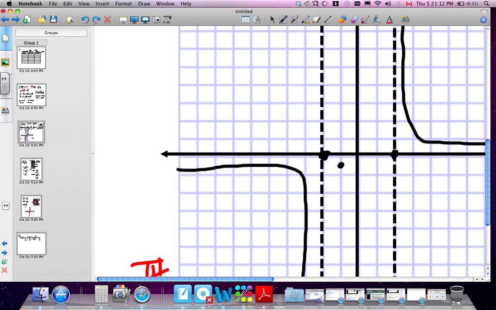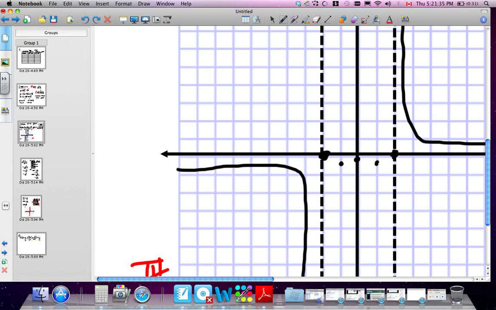-0.33 is going to be roughly here. -0.25 is a little higher. At 0.5, we're around here. The marker's too thick to draw on these well. Oh well.